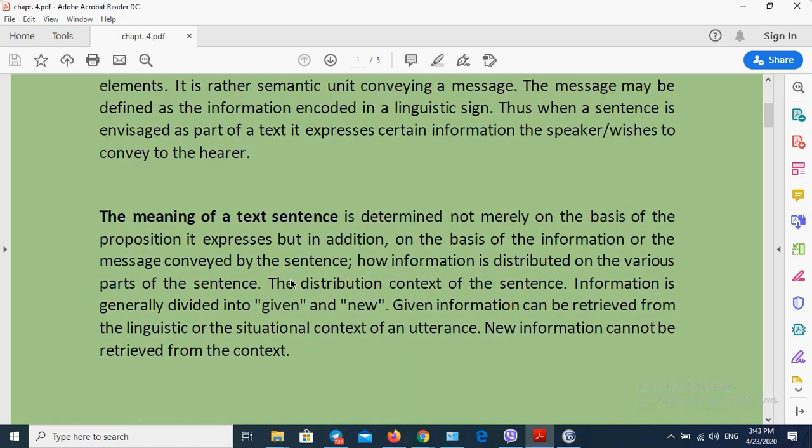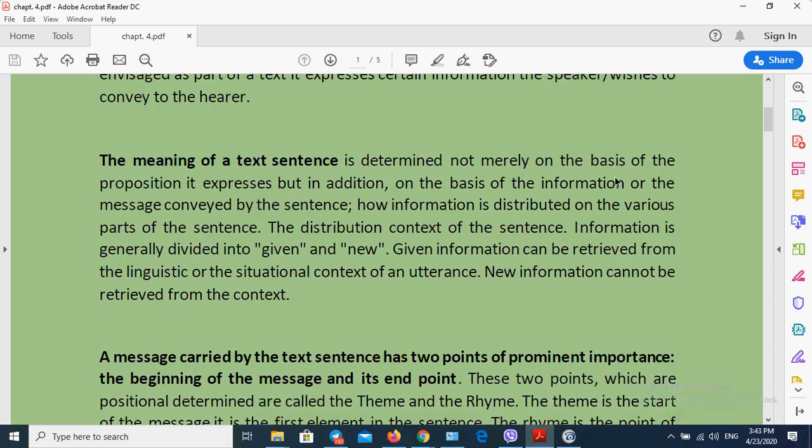The meaning of a text sentence is determined not merely on the basis of the proposition it expresses, but in addition on the basis of the information or the message conveyed by the sentence, and how information is distributed over the various parts of the sentence. The distribution context of the sentence and information is generally divided into given and new.